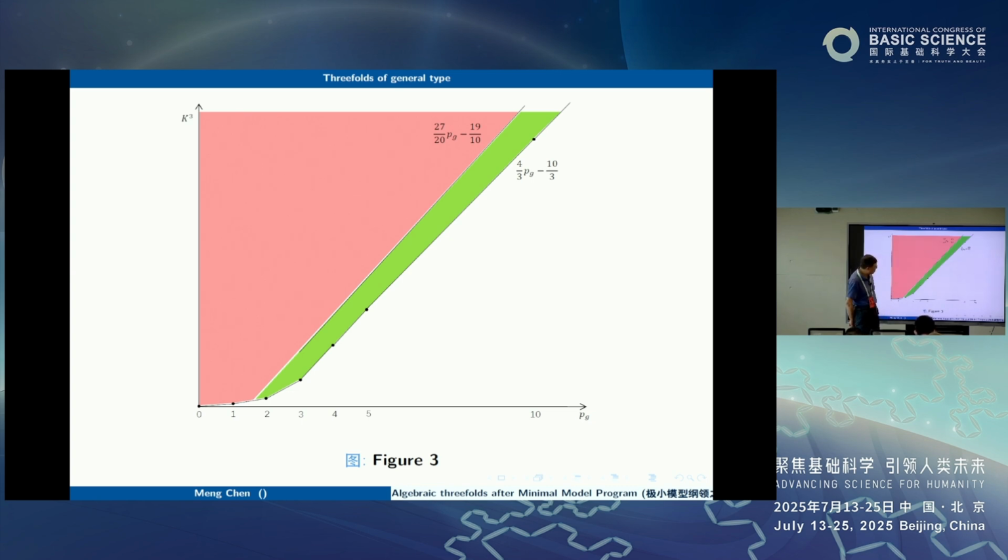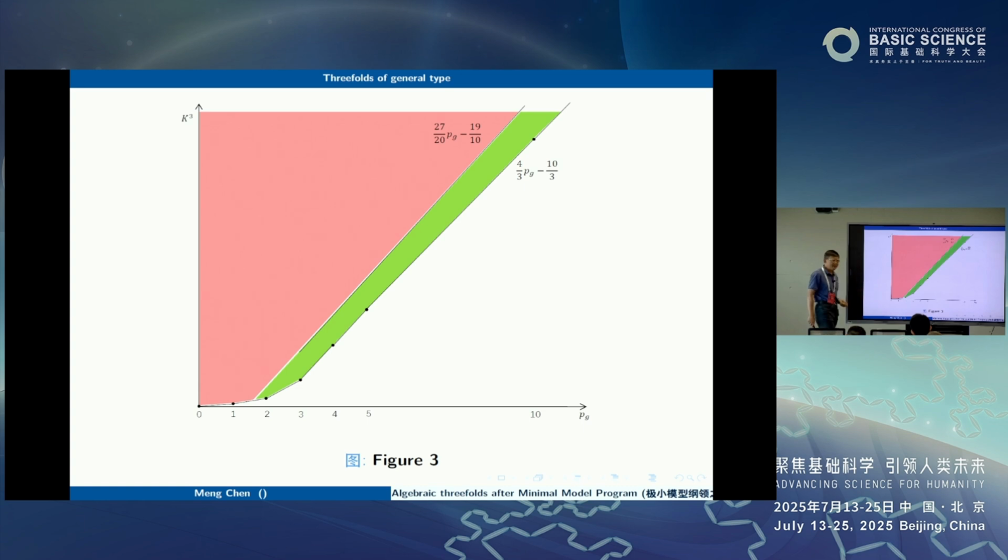When the geometric genus is larger, this is a work due to Coughlan, Hu, Pignatelli and Zhang. They study the moduli of those threefolds scattered on this nodal line.